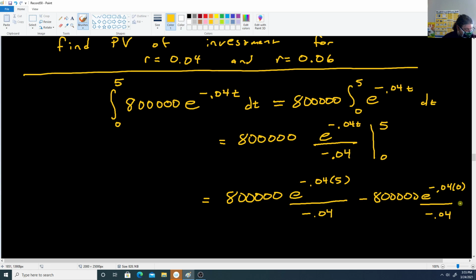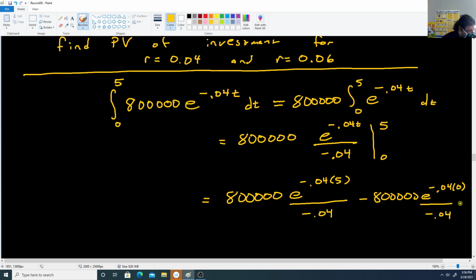So I'm going to go through and just calculate that out. 800,000 e to the negative 0.04 times 5, all divided by negative 0.04. Then we subtract from that 800,000 e to the negative 0.04 times 0, all divided by negative 0.04.